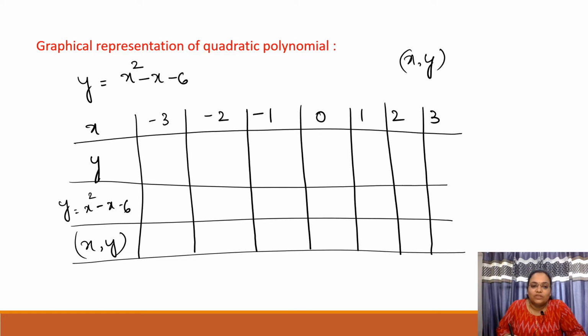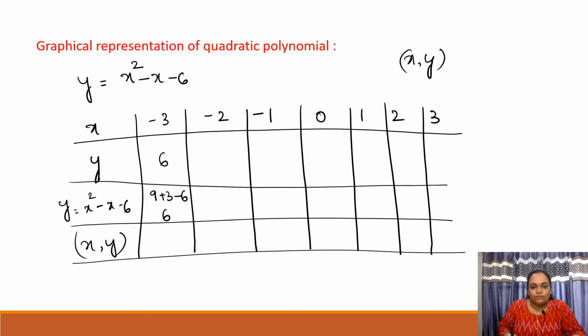When x is equals to minus 3, y will be 9, minus of minus 3 is plus 3, minus 6, which is 6, right? So y will be 6.